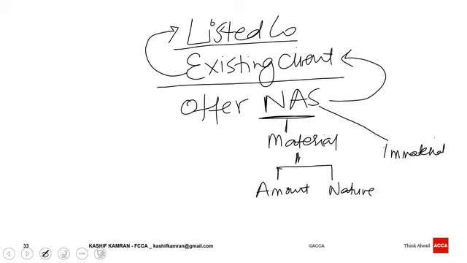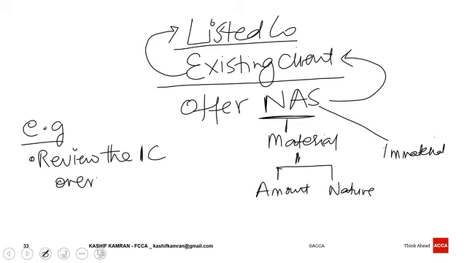If you think that the non-audit service is material, example, suppose the client is listed and it's asking you to offer a non-audit service. Suppose it asks you to review the internal controls over financial reporting. Obviously, it's a listed company.